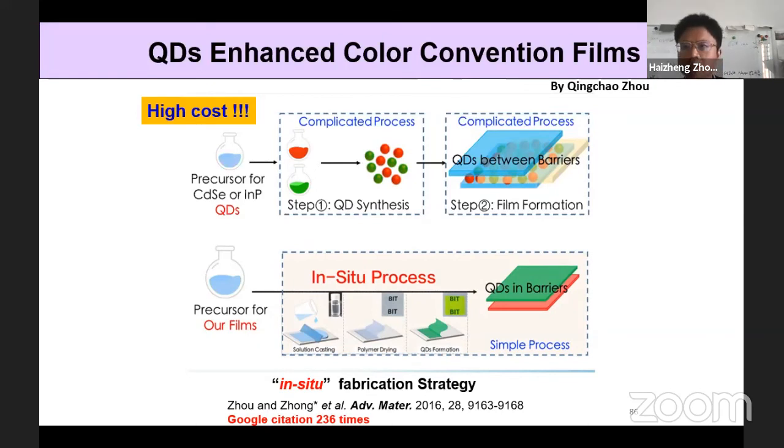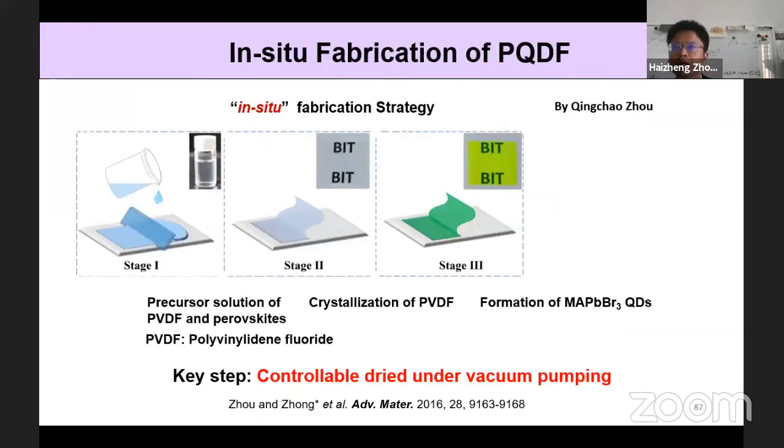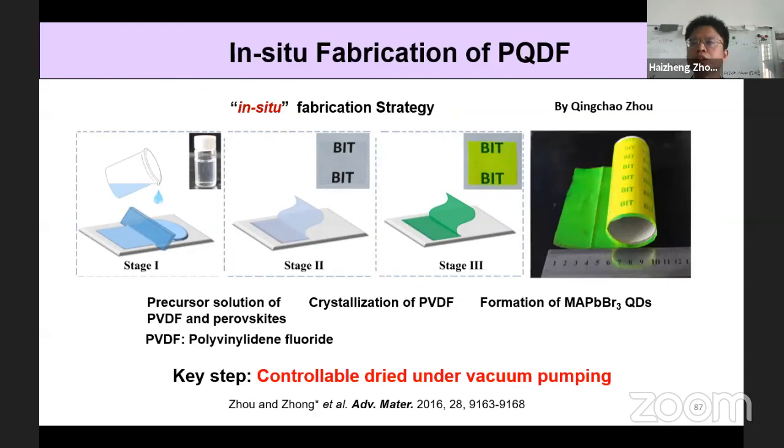The process is quite simple. Firstly, a mixed solution of perovskite precursors with polymer, PVDF, is cast onto a substrate. With the evaporation of solvents, we obtain transparent thin films, and they show very high photoluminescence under UV light.